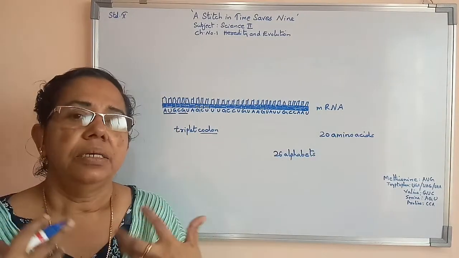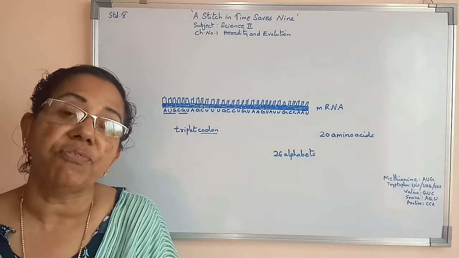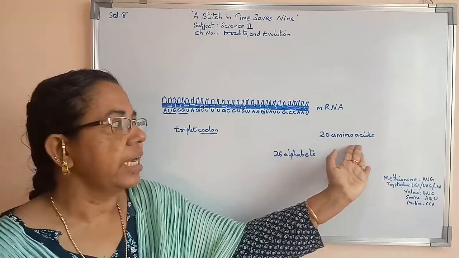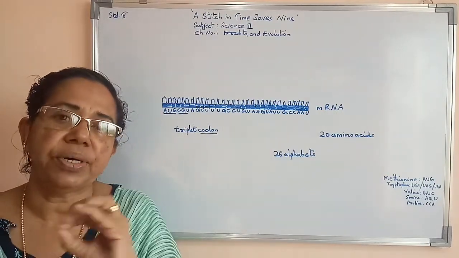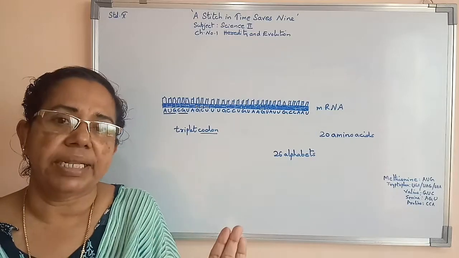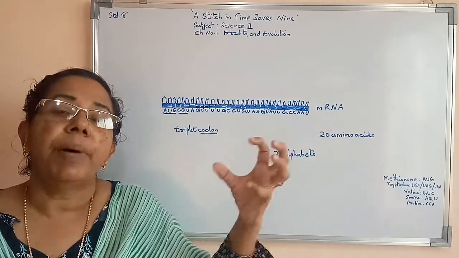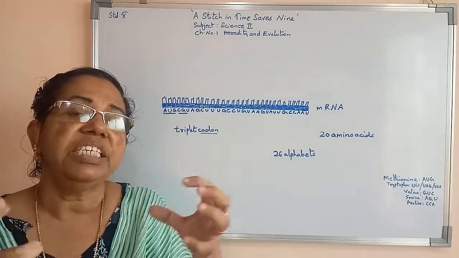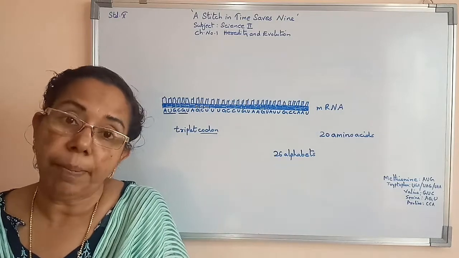With that, we make a large number of words, innumerable words. Similarly, with the help of these 20 amino acids, only 20 are present, not more than that. By joining these amino acids, innumerable proteins can be made.